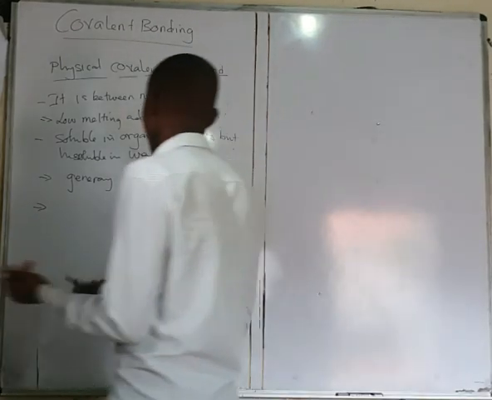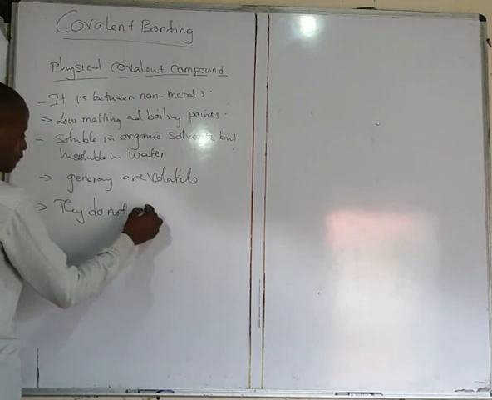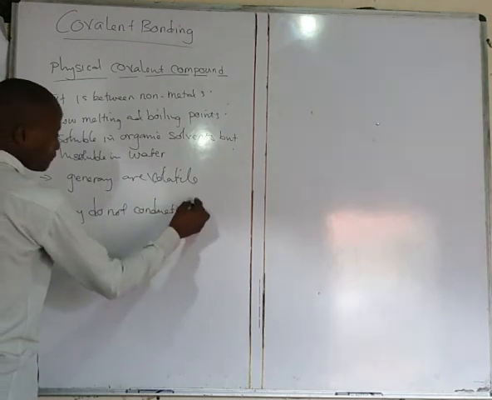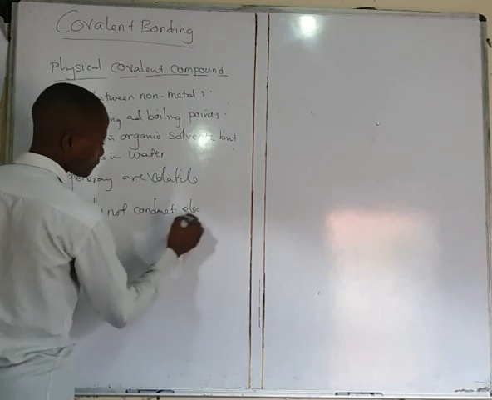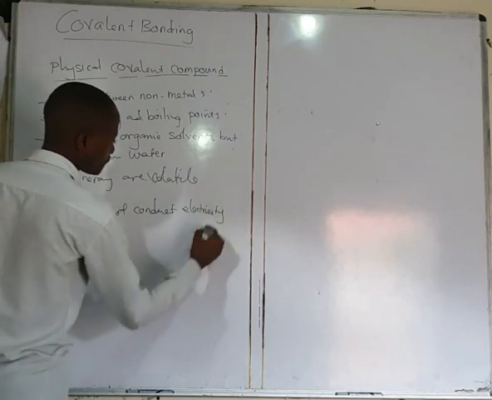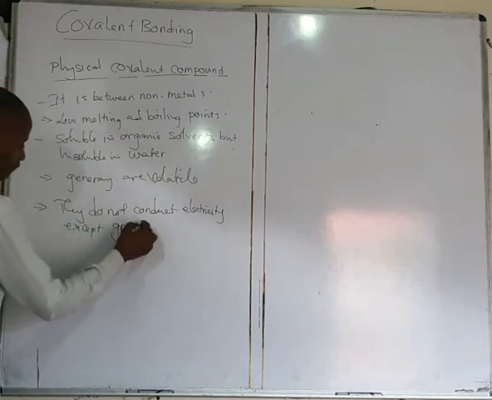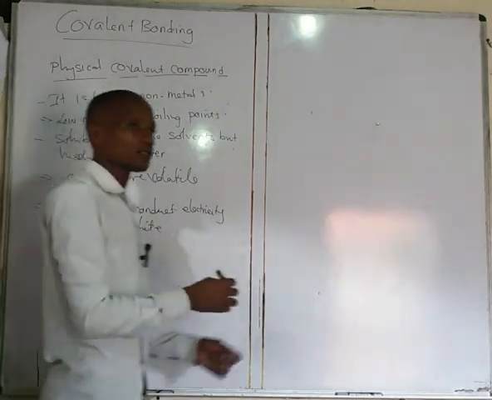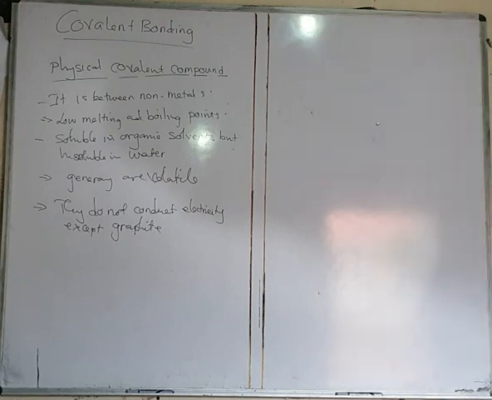Graphite does conduct electricity. That one has the ability to conduct electricity, but it's also a covalent compound. So we have some exception there.